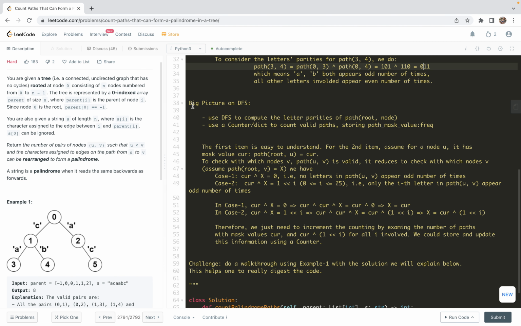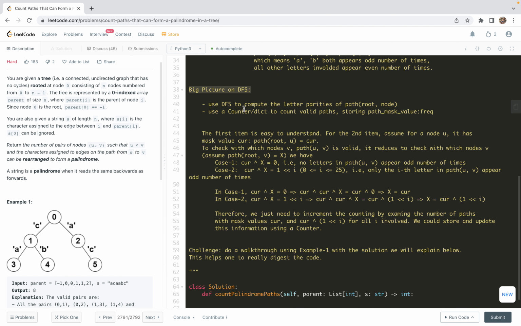So next, I want to explain the big picture on depth-first search in this problem. So our goal is to use depth-first search to compute the letter parities of the path from root to the node. So here we are going to use a mask value, in other words, a decimal number or binary number to represent that.